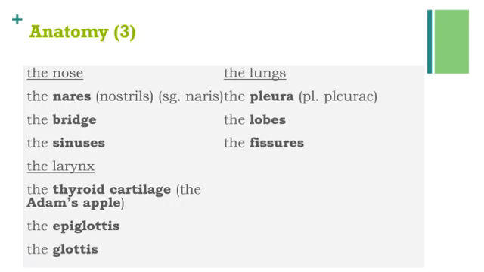The lungs are enclosed in two serous membranes called the pleura. Each lung is divided into lobes by one or more fissures. Now I suggest we pass on to the most common diseases that may affect this area.